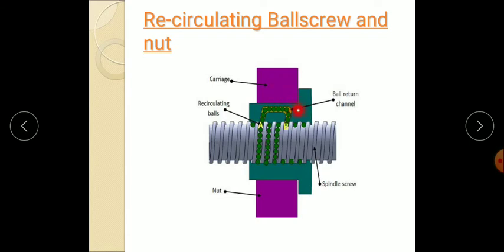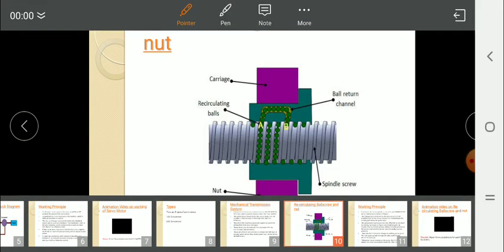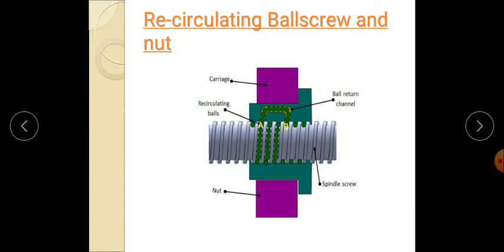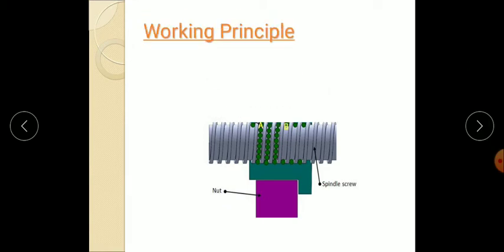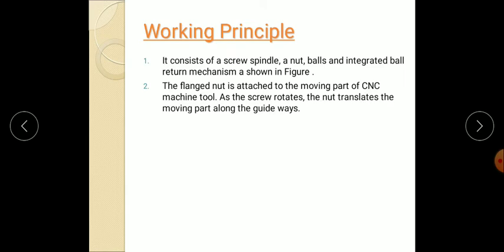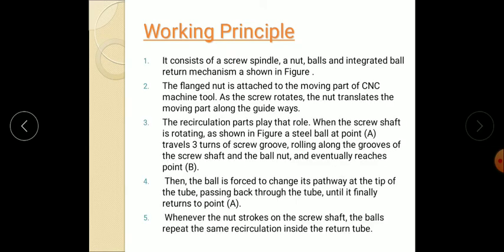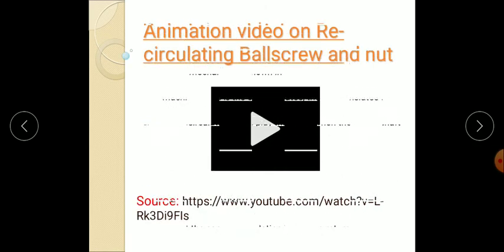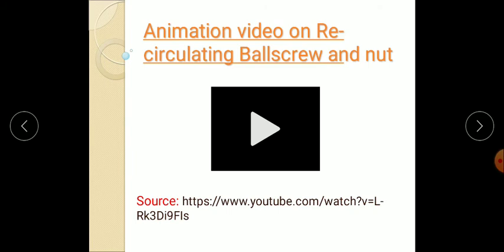So this is the tube, passing through the tube until it finally returns to A. Whenever the nut strokes on the screw shaft, the ball repeats the same recirculation inside the return tube. So this is the working principle. Next, let me show the animation video on the recirculating ball screw and the nut.